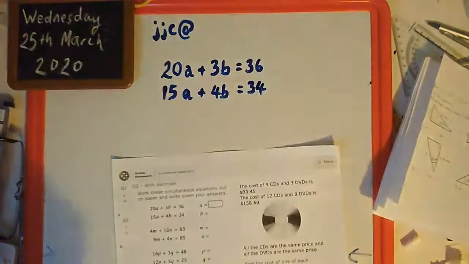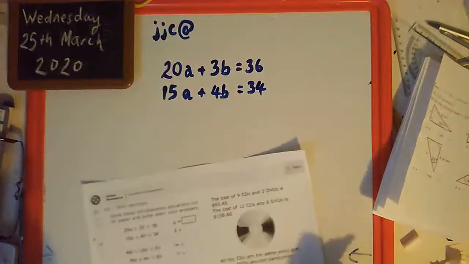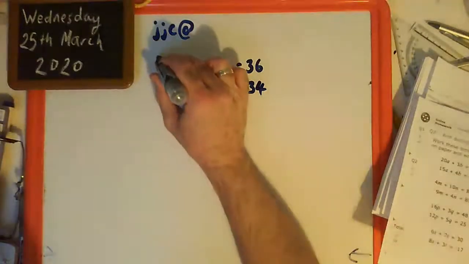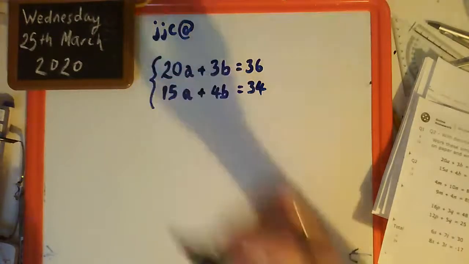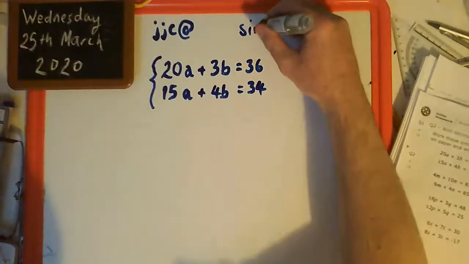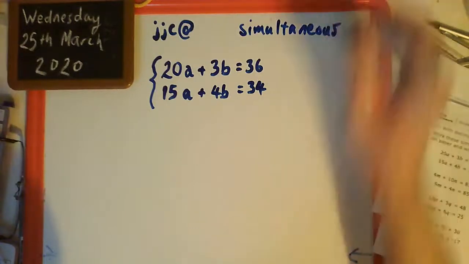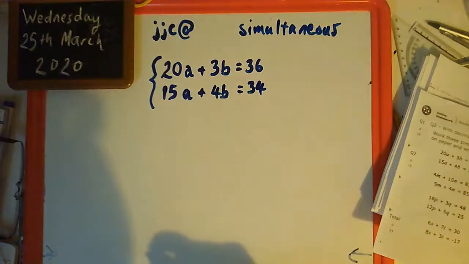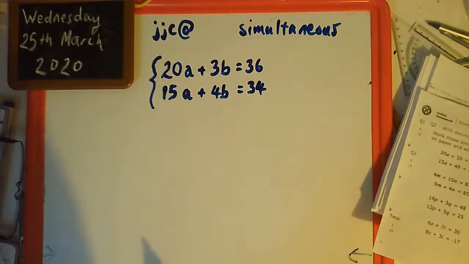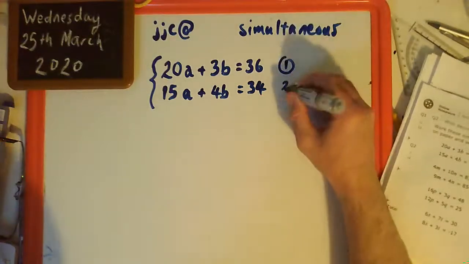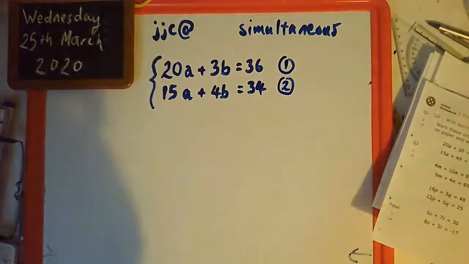That's a pair of simultaneous equations, and we've got to find a value of a and b that works in both equations at the same time, simultaneously. I'm going to call those equations 1 and 2.